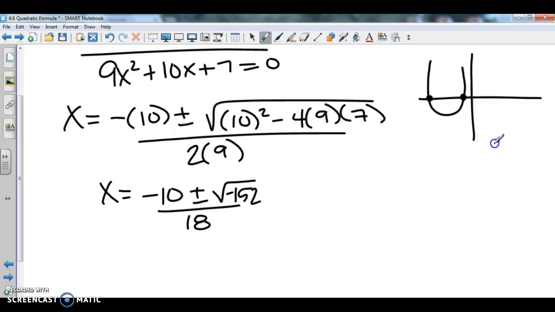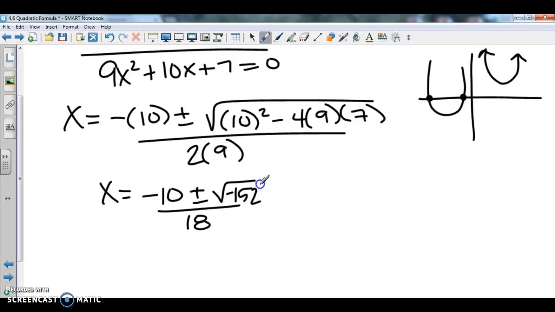But this one doesn't cross the x-axis that you can see. So it's somewhere where it doesn't cross. It really does cross, but it doesn't cross this x-axis. It crosses the imaginary axis. And I'll talk to you guys more about that when I come back, but just trust me, you can't see the roots, but there really are 2 roots.